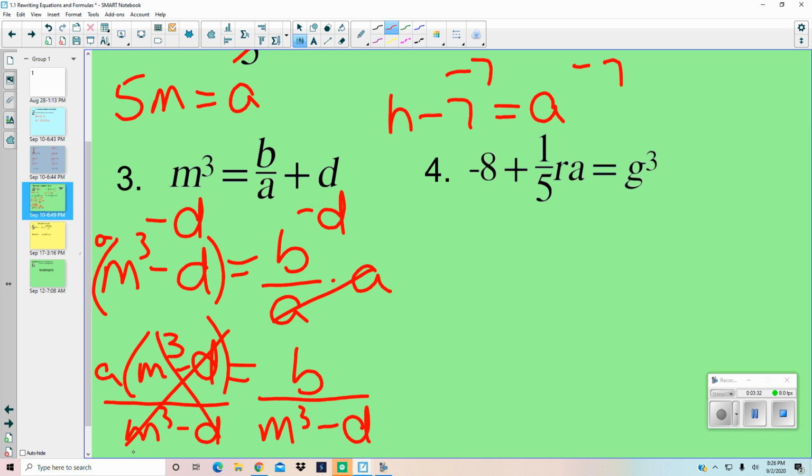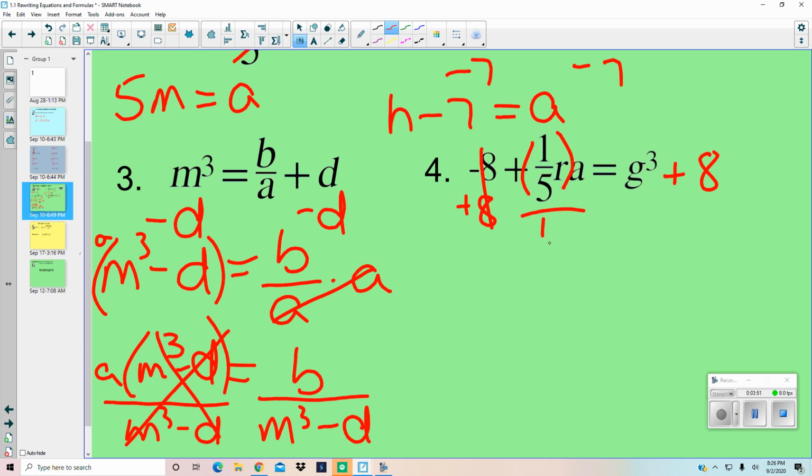Let's look at the fourth one. I'm trying to solve for A. First thing I'm going to do is move this 8. So it's gone from the left-hand side. I moved it to the right-hand side. Now I've got this 1/5 R. Think of that as its own coefficient.